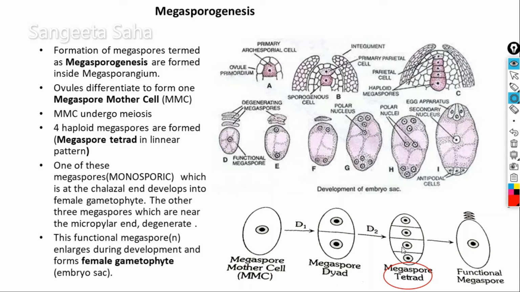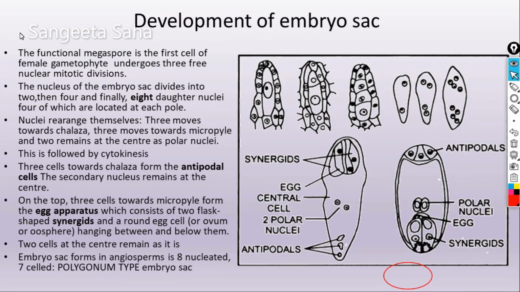The one which becomes functional eventually, that is the functional megaspore, which is haploid in nature, enlarges, and as it develops, it results in the formation of the female gametophyte. Now this functional megaspore is the first cell of the female gametophyte.